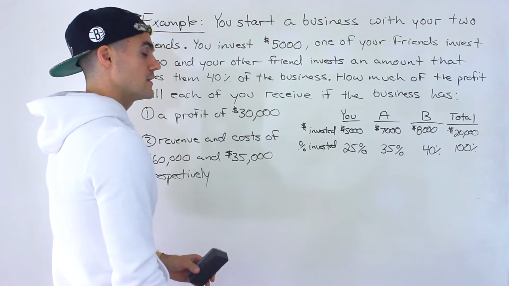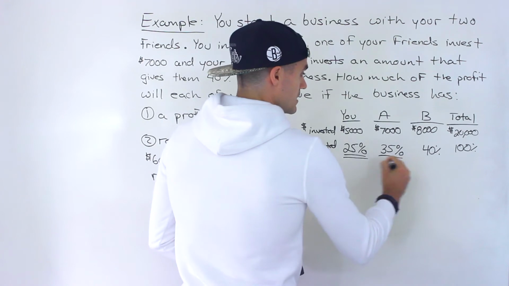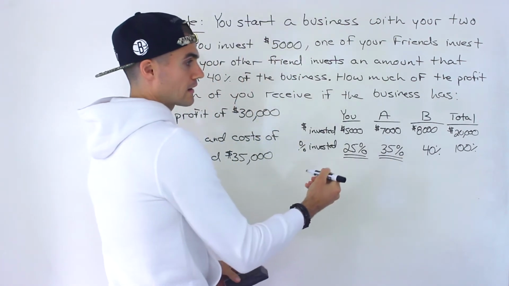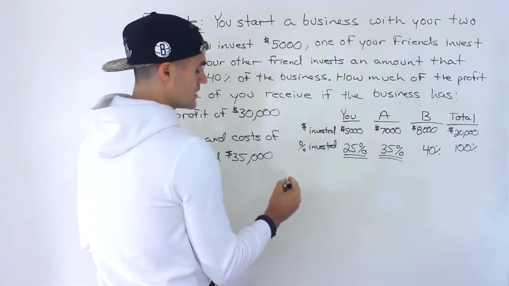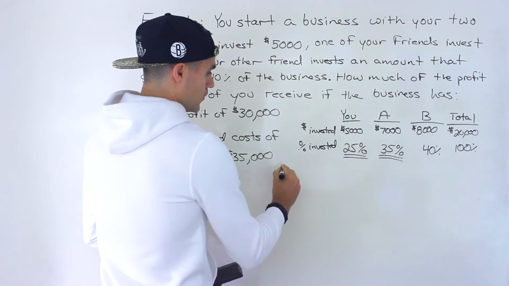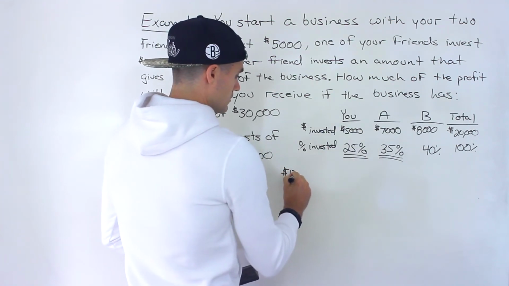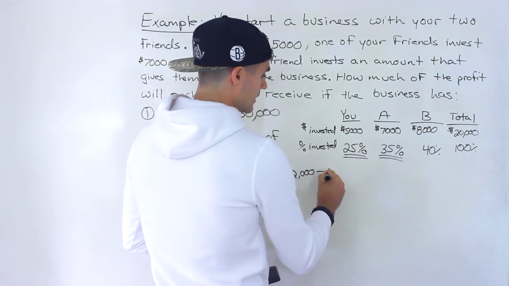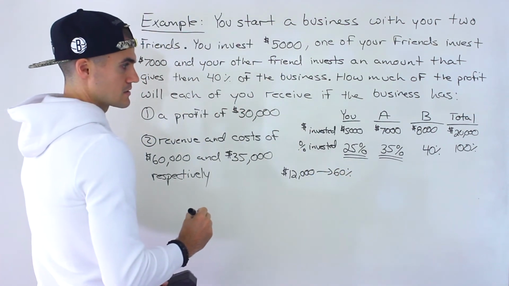Another way you could have done this is you could have got these amounts directly before getting the 20,000 and the 100%. We know that the 12,000 represented 60% of the business.